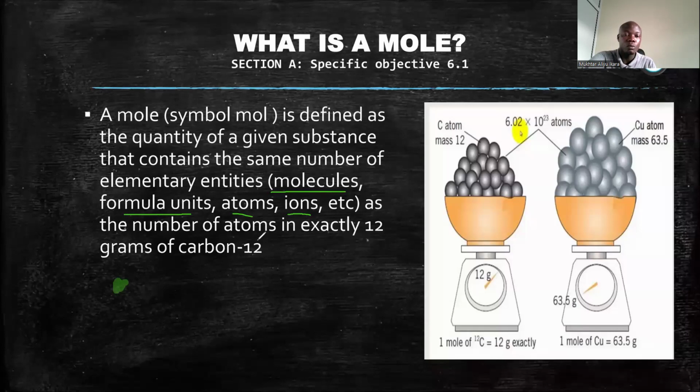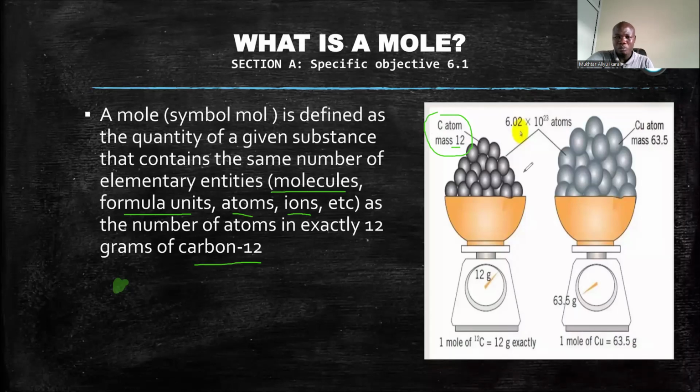It is the number of atoms in exactly 12 grams of carbon-12. So now, carbon atoms, for example, now let's look at this. The carbon atom has a mass of 12. Then the copper atom has a mass of 63.5 grams.